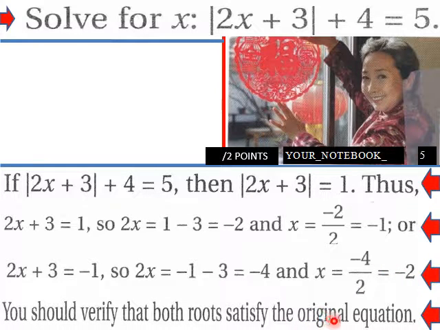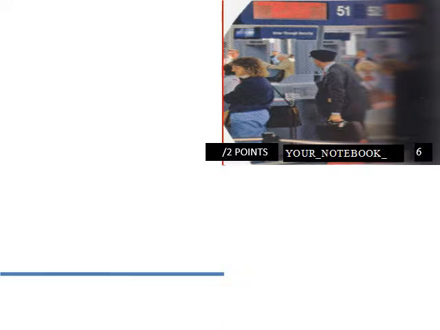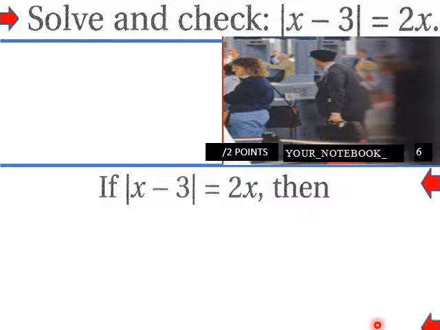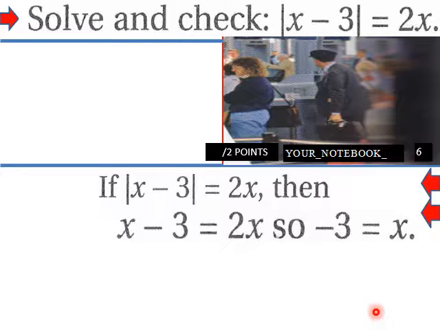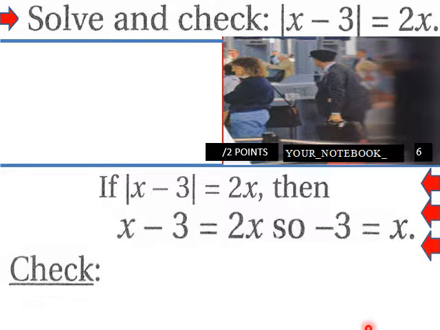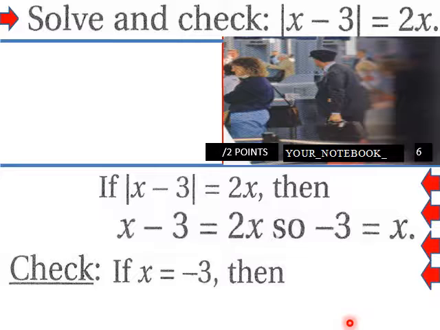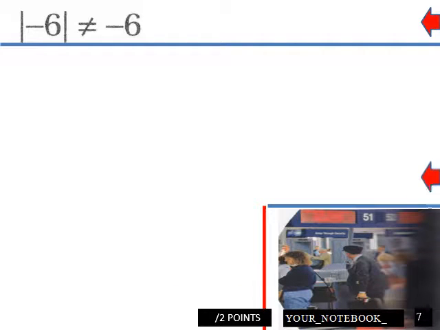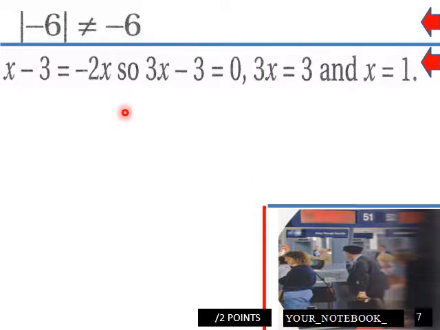You should verify that both roots satisfy the equation, so solve and check. Checking x equals -3: you stick in -3 there, and the absolute value of -6 does not equal -6.